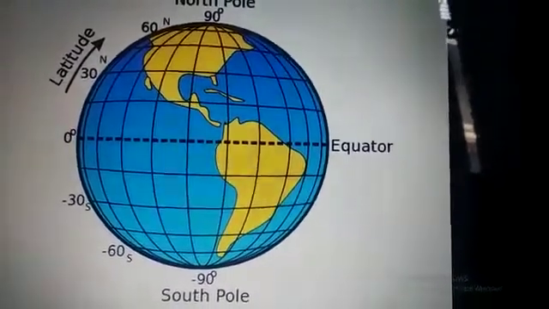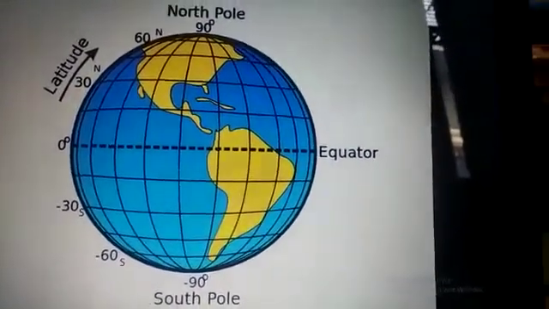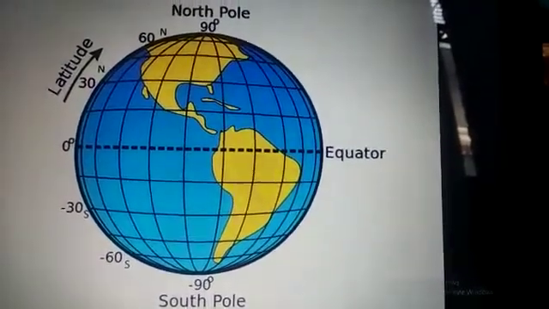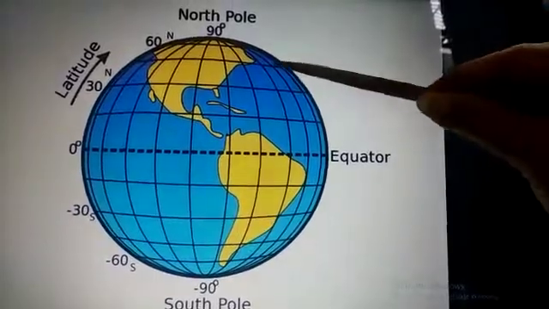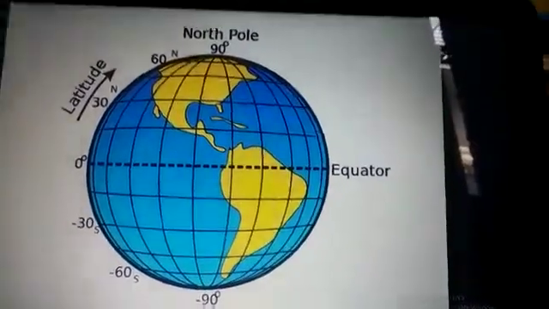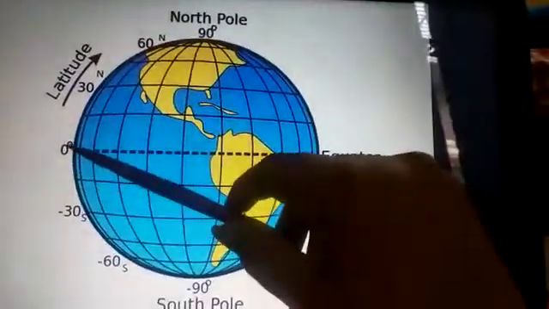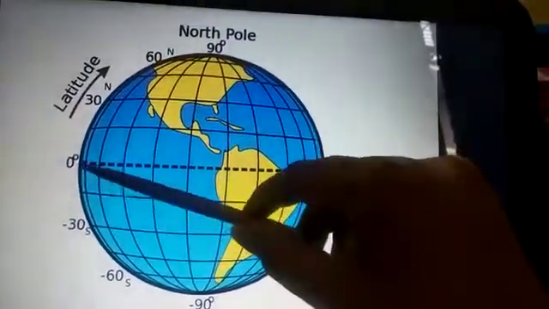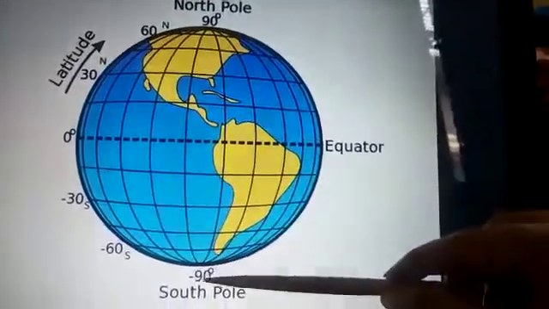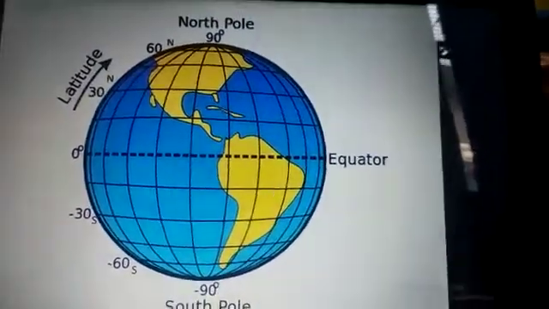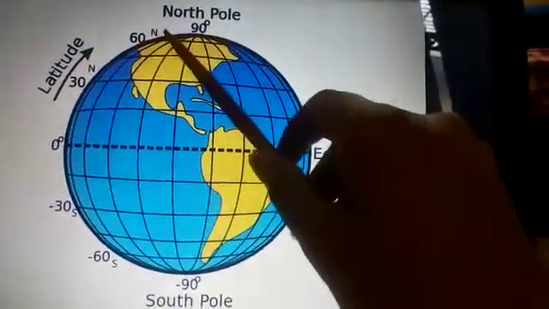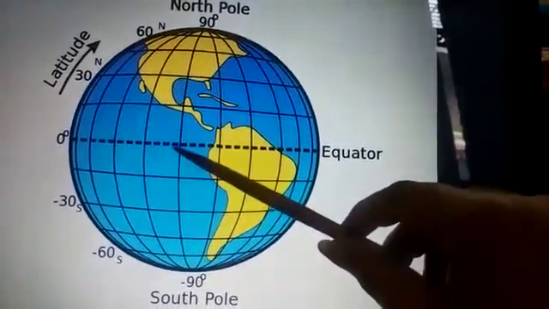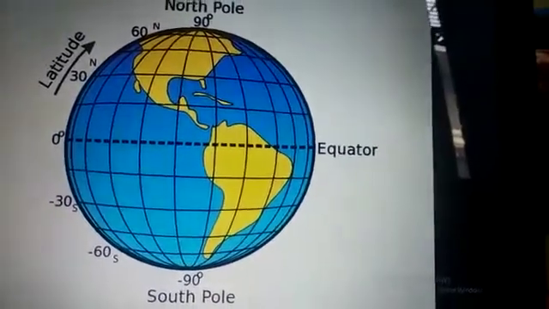There are 181 parallels or lines of latitude. They start from 0 degree to 90 degree towards the North Pole, and from 0 to 90 degree towards the South Pole. So 90 plus 90 is 180, and 180 plus 1 is 181.